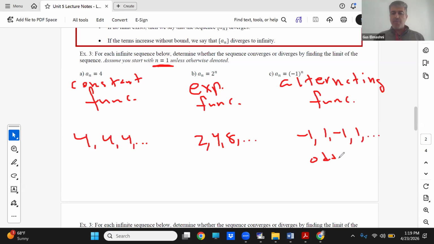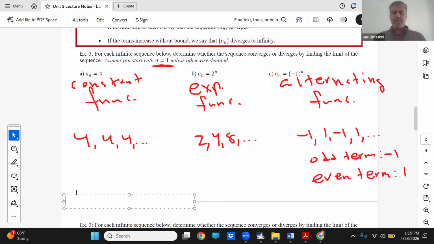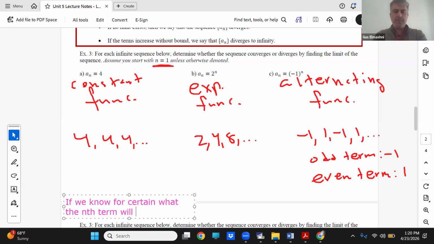So every odd term is -1, and every even term is +1. Okay. So this is the key idea here.